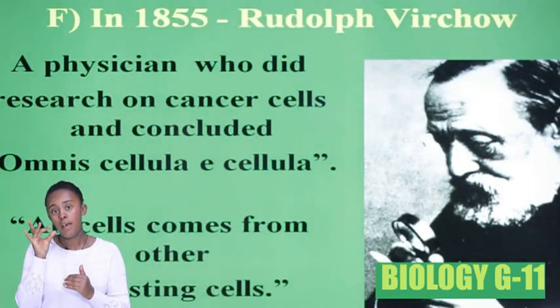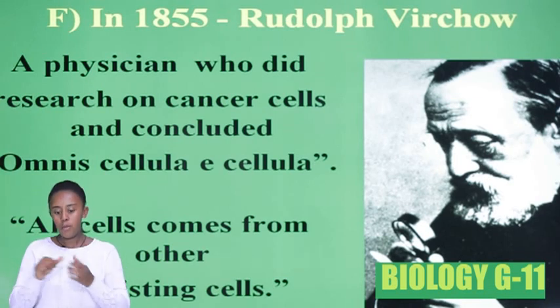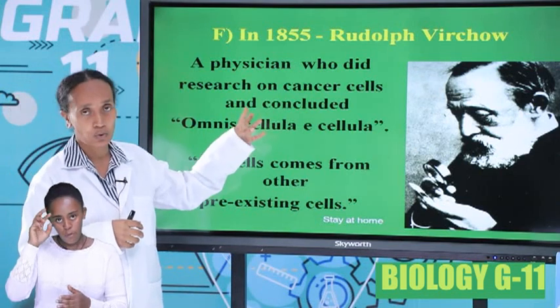In 1855, the next biologist who contributed to the development of cell theory was Rudolph Virchow.